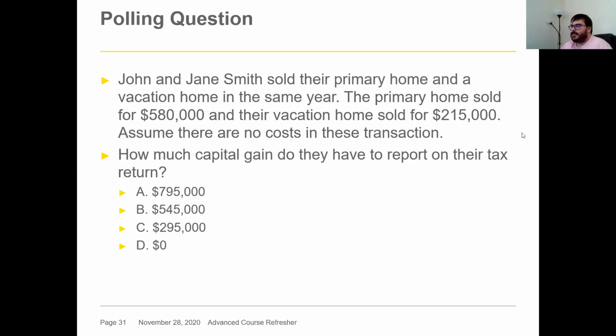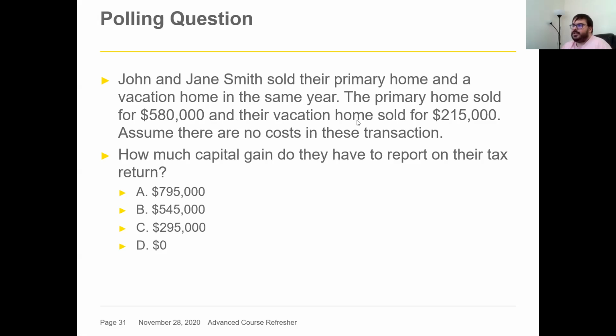So the correct answer would be C, $295,000. If they file married filing joint, they are eligible to receive the $500,000 exclusion when they sell their primary home. They sold their primary home for $580,000, so assuming no cost, they get the $500,000 exclusion and would only have to report $80,000 of gain from the sale of their main home.